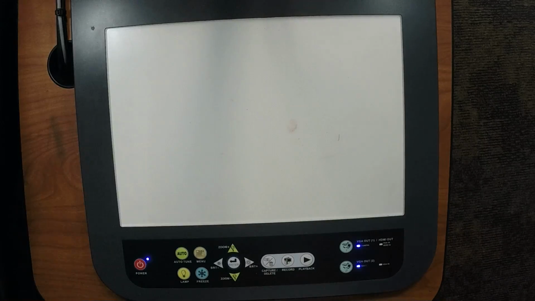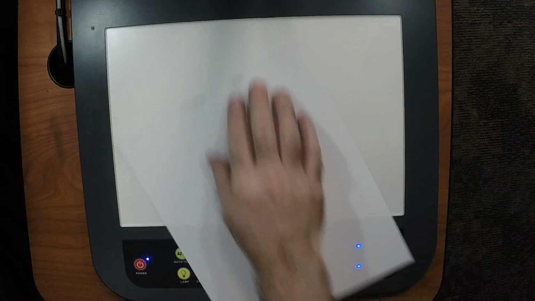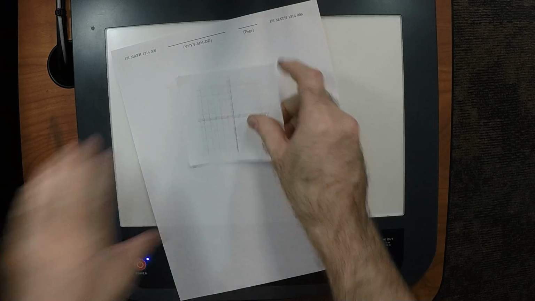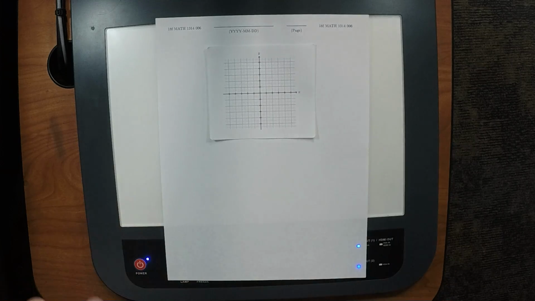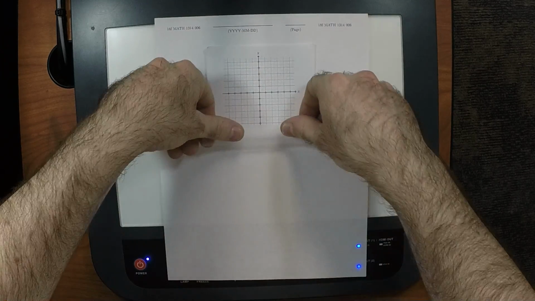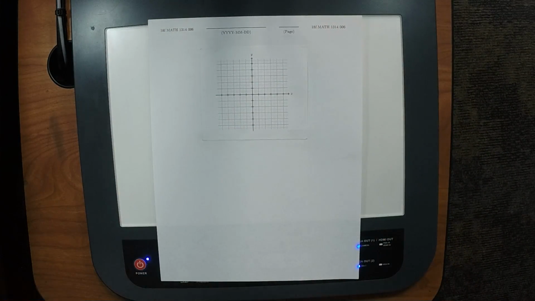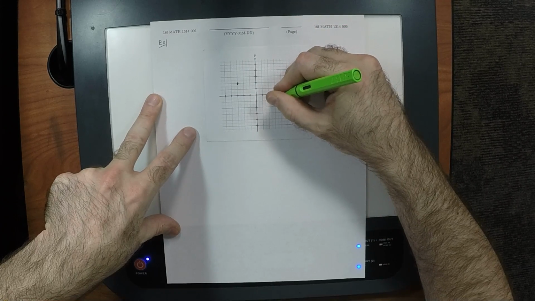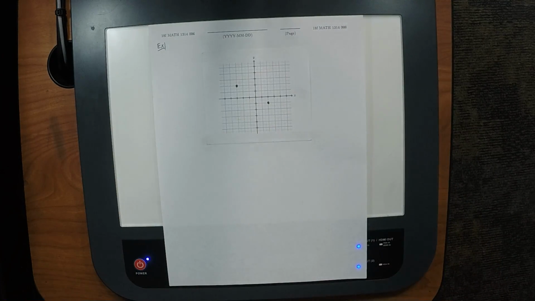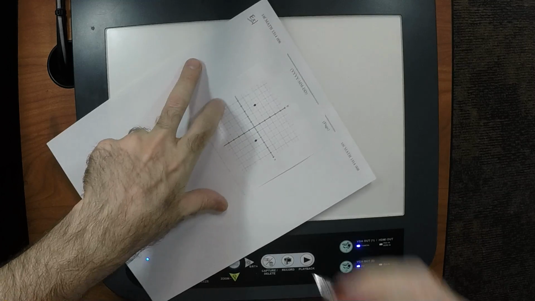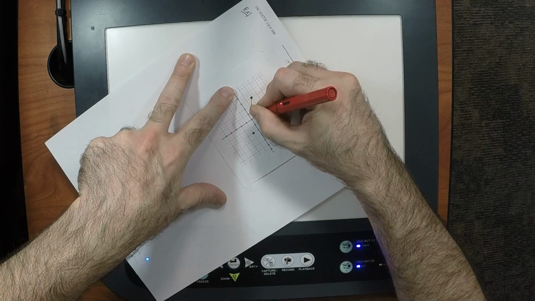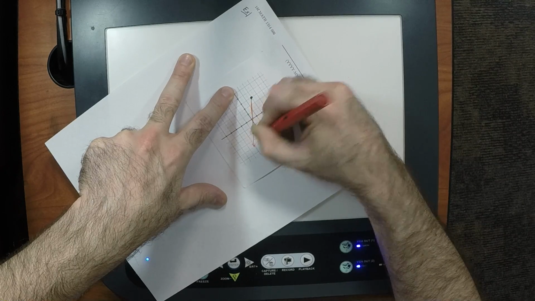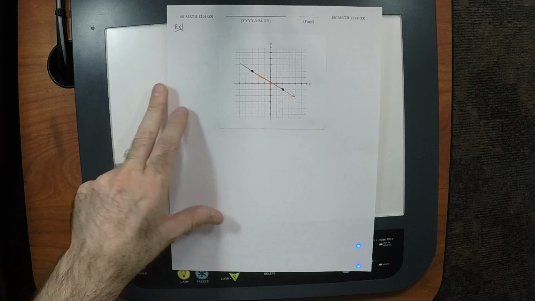All right, so let's do an example. I kind of singled out 2 points there, and what we have here is a line.